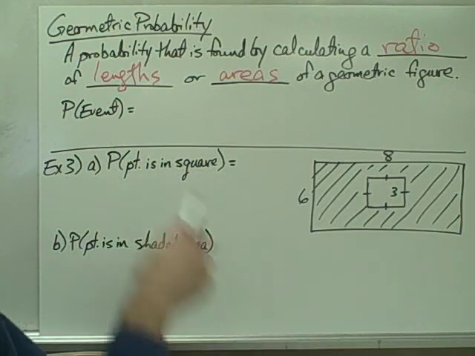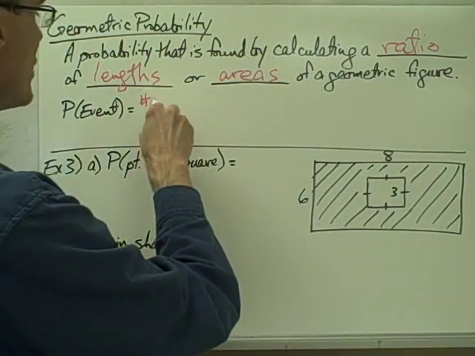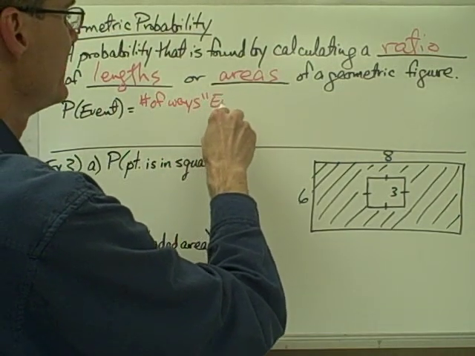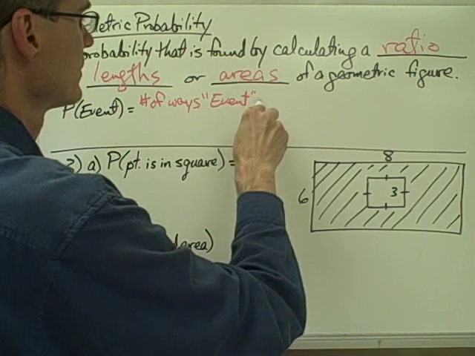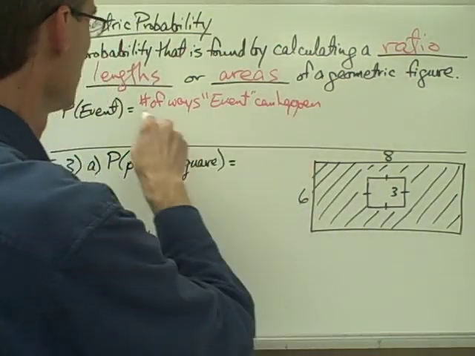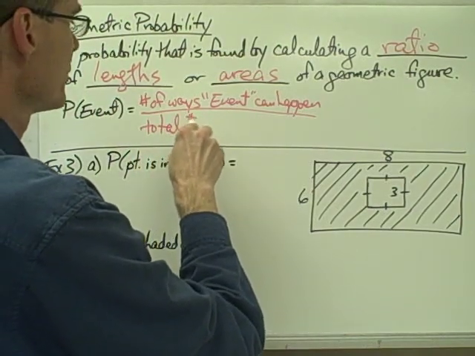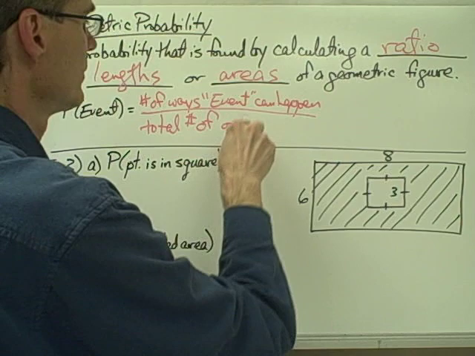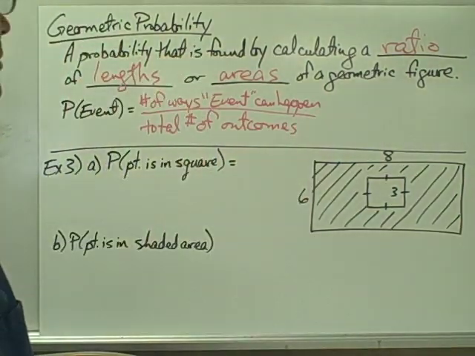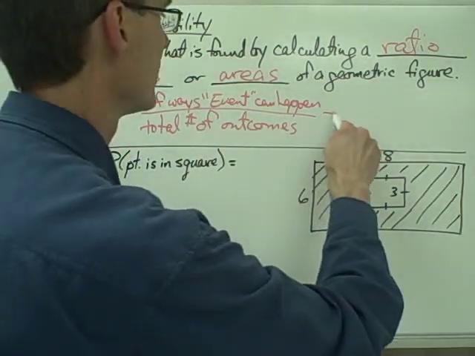So remember, again, the formula for the probability of a particular event is just the number of ways that event can happen divided by the total number of possible outcomes.